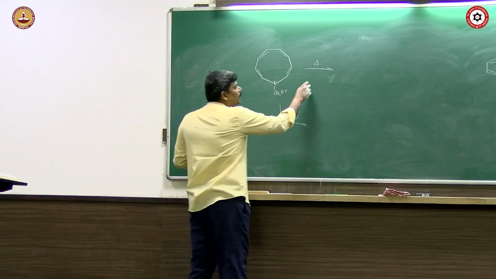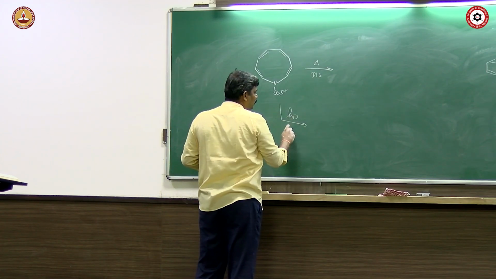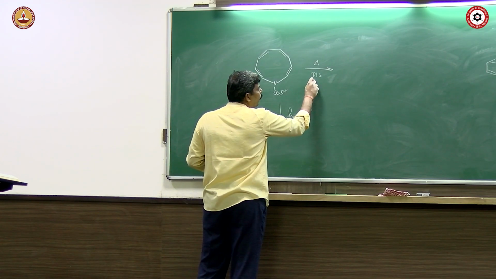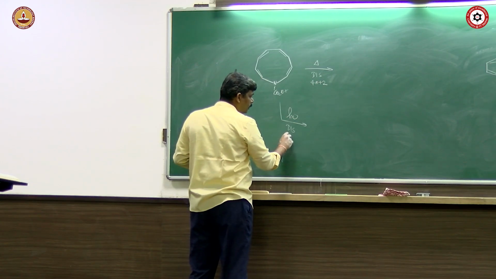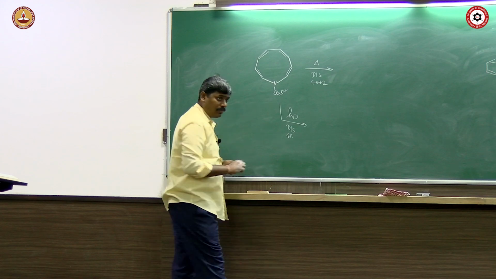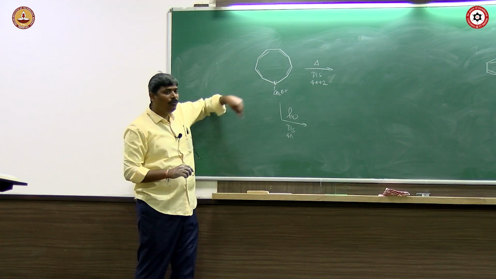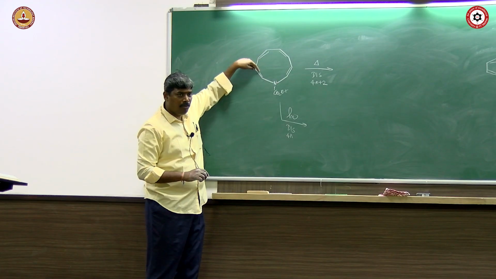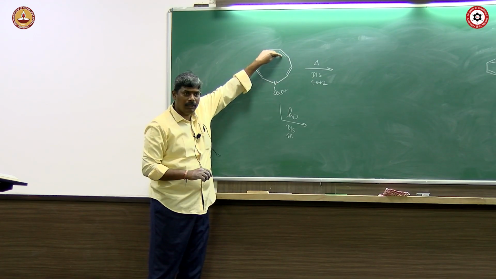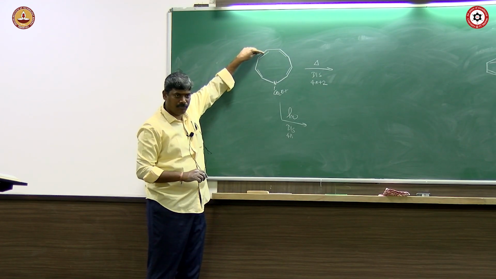So, if that is the case, here it is dis and here also it is dis. Thermal should involve 4N plus 2 electrons. Here 4N has to be involved. So, out of these 4 double bonds, whichever way we do a 4N plus 2, you can have either 1, 2, 3 or 1, 2, 3, either way.